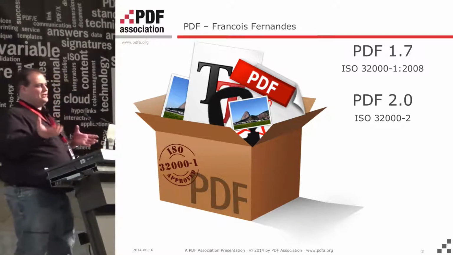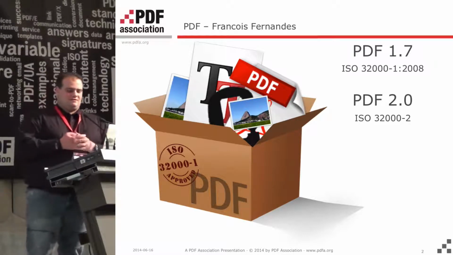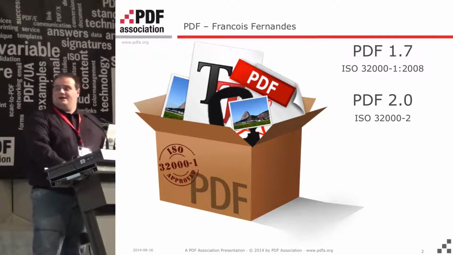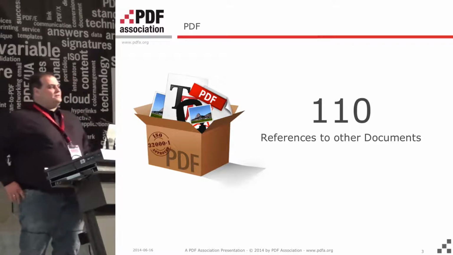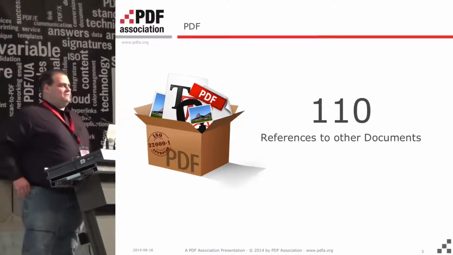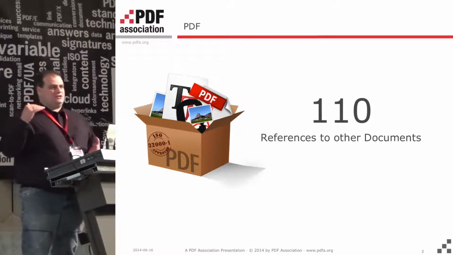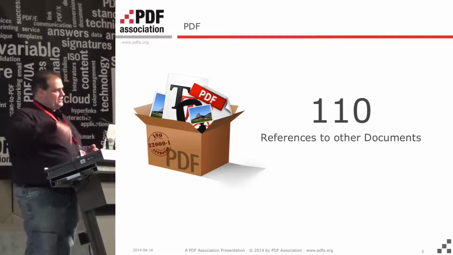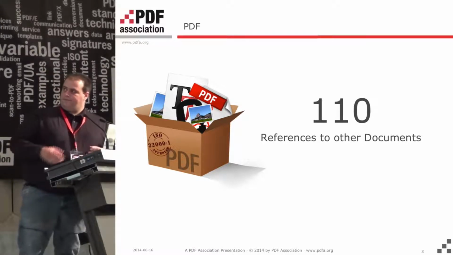I just wanted to extract some facts from the specification. So let's start with the lowest number that I have. It is 110 references to other standard documents. That means that you have 4 full A4 pages only containing references to other technologies that are incorporated or used in some way within PDF.